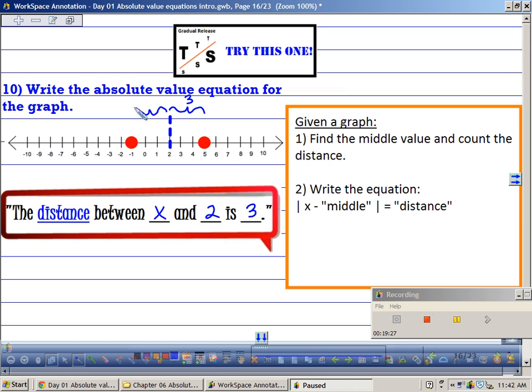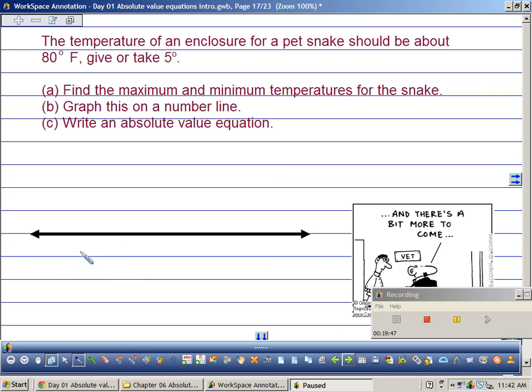How can I write that? The absolute value of x minus 2 equals 3. You guys good? You could do that on your homework? In both directions, given a graph, you could write the absolute value equation. Given the absolute value equation, you could write the graph? Yep. Okay. Let's try something different.